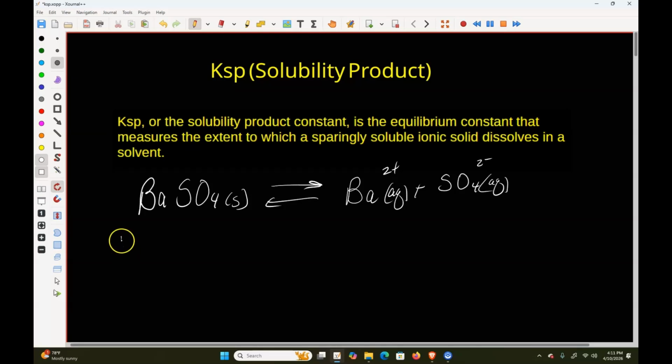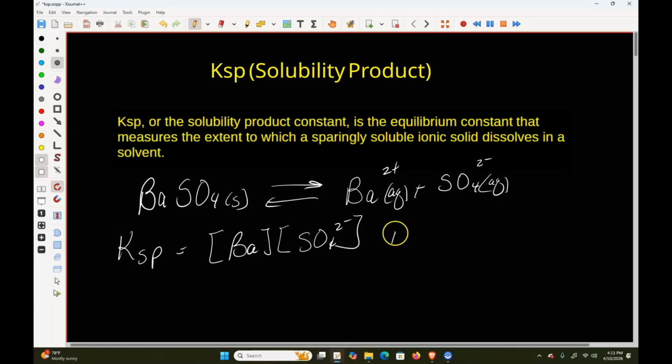Ksp is equal to the concentration of the barium raised to a power times sulfate raised to a power. This power will be the coefficient within the equation itself. Now for barium sulfate, we have a Ksp of 1.1 times 10 to the negative 10th.